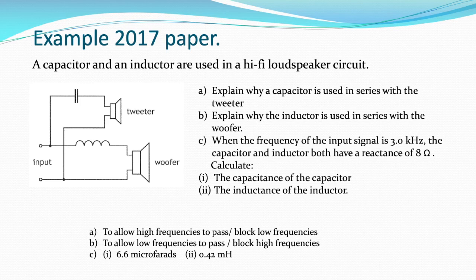You'll get 6.6 microfarads, or 6.6 times 10 to the minus 6 farads. And the same with C part 2, the inductance of the inductor. You would use XL equals 2 pi FL, rearrange it to work out L. So L would be XL over 2 pi F, and that would give you 0.42 millihenries.